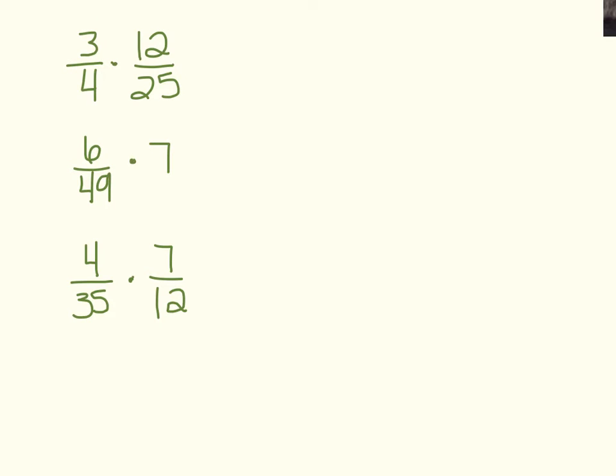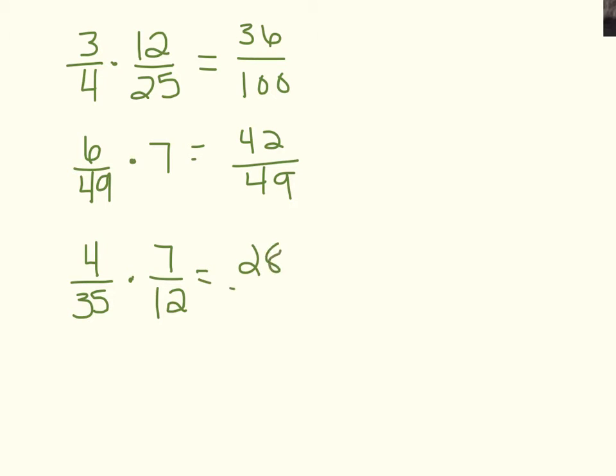You've also seen problems like these three. We could go ahead and multiply those just the way we did before, and we end up with 36/100 and 42/49 and 28/420.